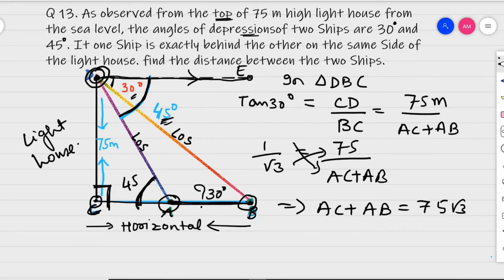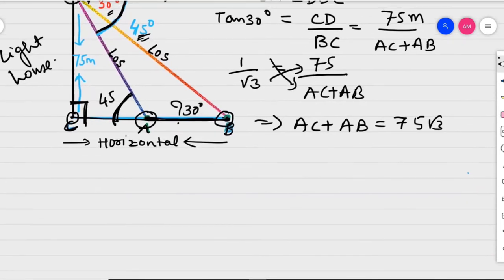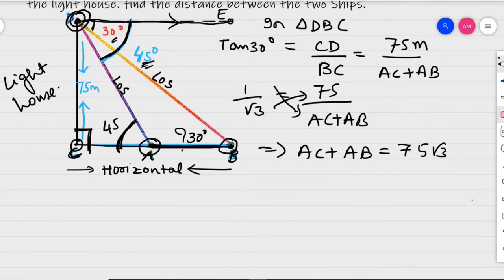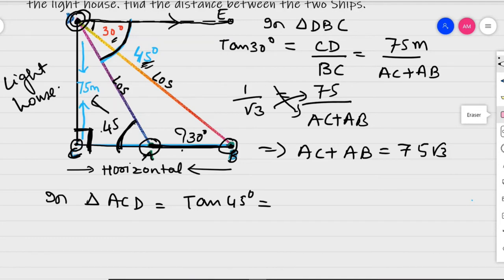Now let us move to the next triangle. You take the smaller triangle ACD, where C is 90 degrees. In triangle ACD, tan 45 degrees is opposite side CD over adjacent side AC.